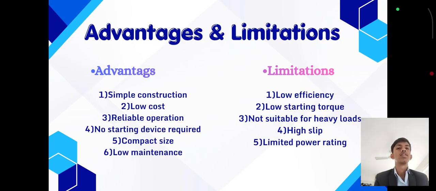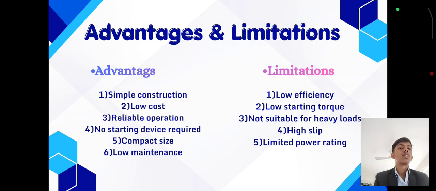Advantages and limitations. Advantages of the shaded pole motor: first is simple construction, low cost, reliable operation, no starting devices are required, compact size, and low maintenance. Those are all the advantages of the shaded pole motor.